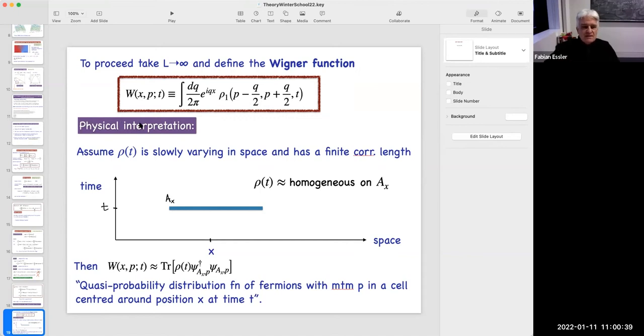Now, this is a useful object because it has a rather nice physical interpretation, which is as follows. Suppose your time evolving quantum state, described by this full density matrix rho of t, is slowly varying in space, so it's almost constant over big patches, and moreover has a finite correlation length.